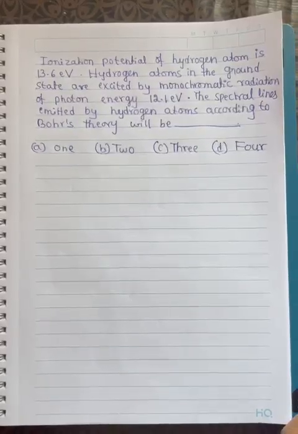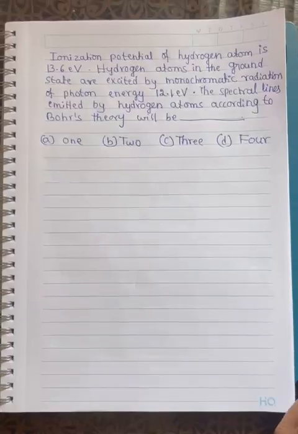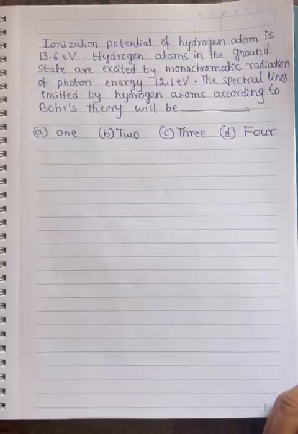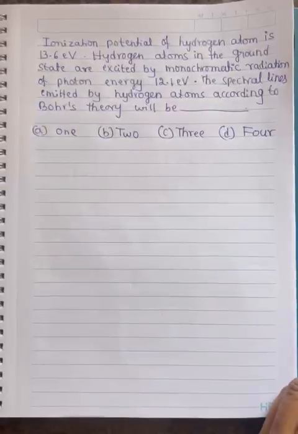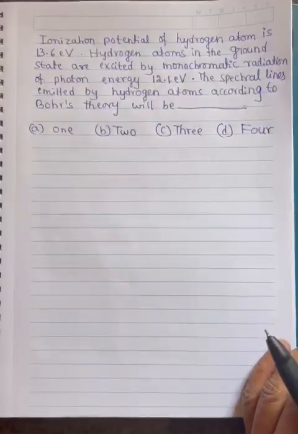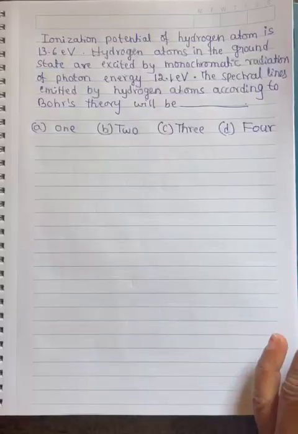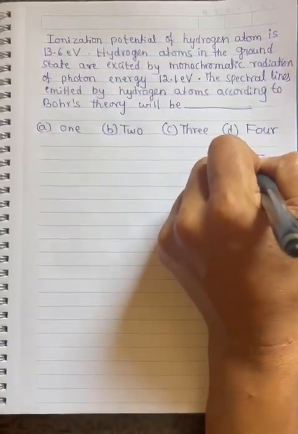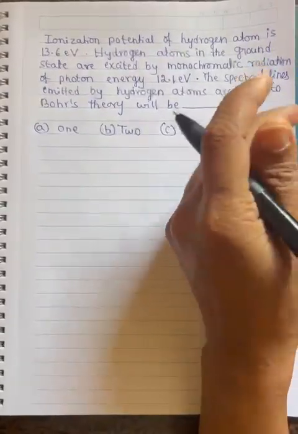So, here what are the given data? The ionization potential of hydrogen atom is given, that is 13.6 electron volt. Ionization potential is nothing but, or we can also say it as, ionization energy. It is the energy required to remove an electron from an isolated atom, or we can say it is the energy required to remove an electron from its lowest energy state, where the electron is completely free.